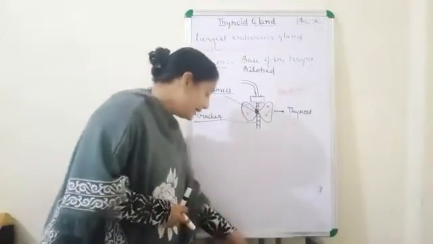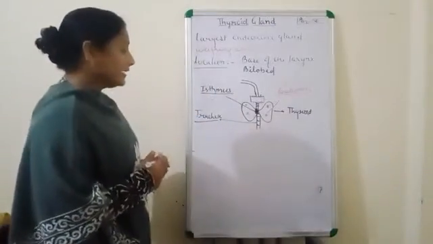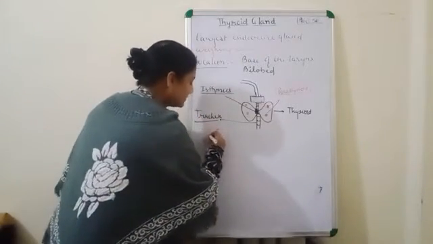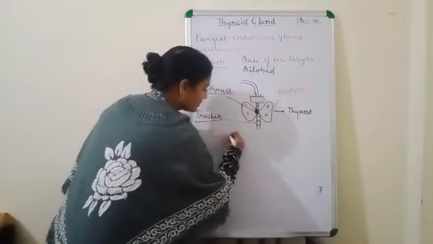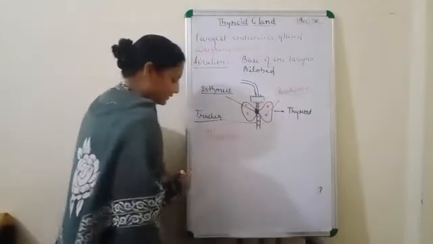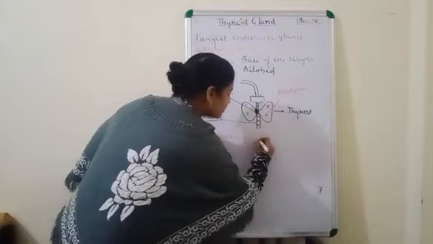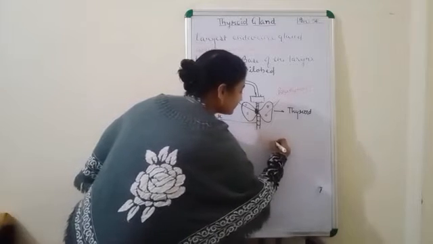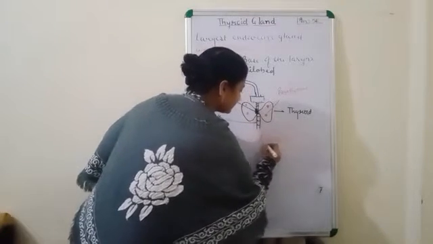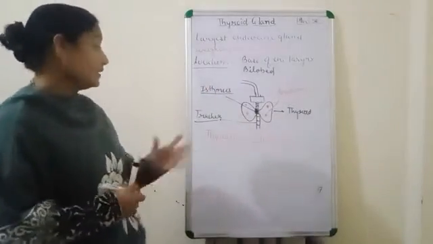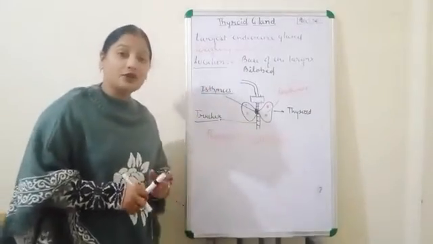Now, next, this thyroid secretes a hormone called thyroxine, as well as one more hormone, calcitonin. Clear? Now, see the function of the thyroxine.